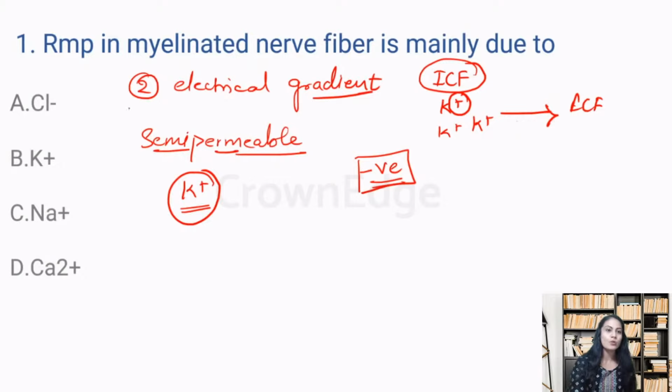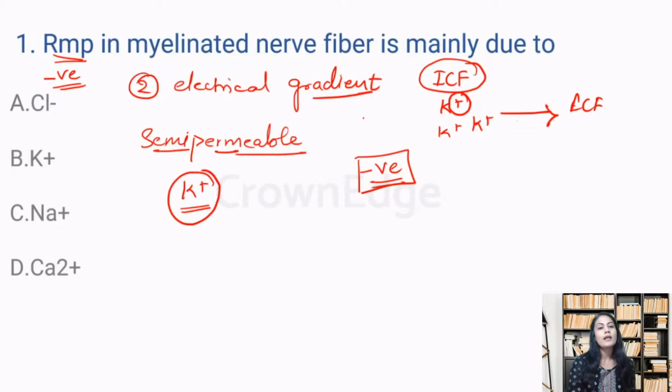That's why the RMP is almost always negative, in 99% of cells. Yes, there are some exceptions, but for now remember that the RMP of most cells is negative.